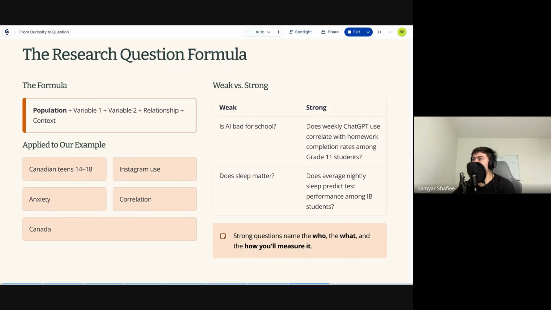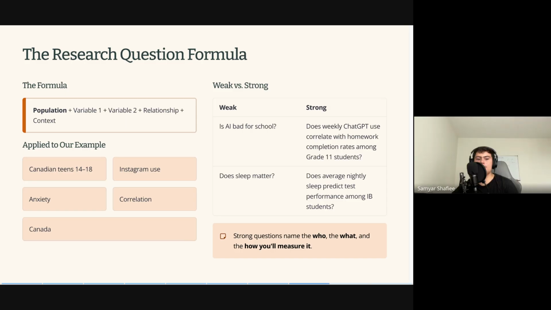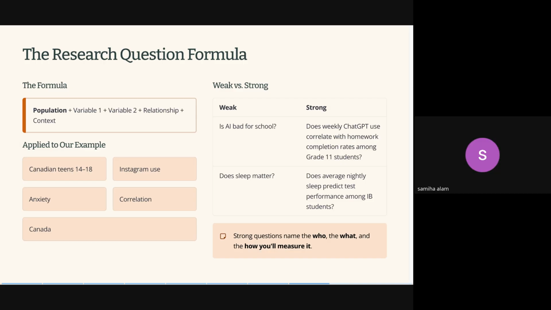Okay, Samiha. I hope I'm pronouncing that right. Hello, good morning. What is your specific research interest, or the thing that you're passionate about in research specifically? Give an easy example.